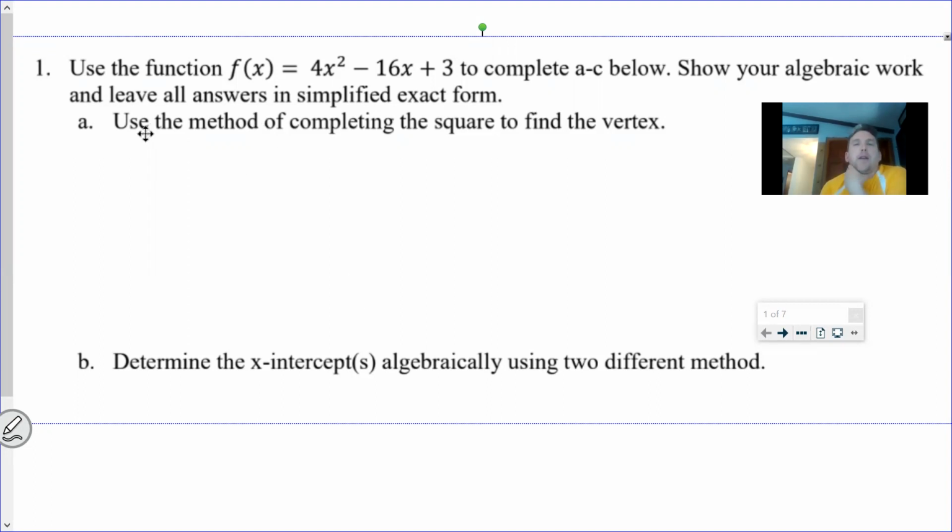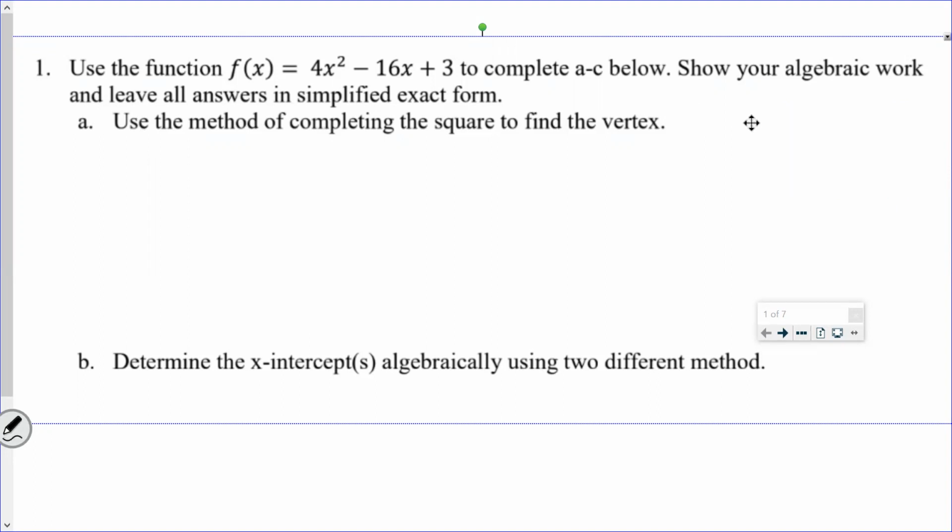One of them is writing the quadratic in vertex form when it has an a value. We did this early on, and I'm going to go step by step through that. When we have an a value, we have to factor that out from that front term.